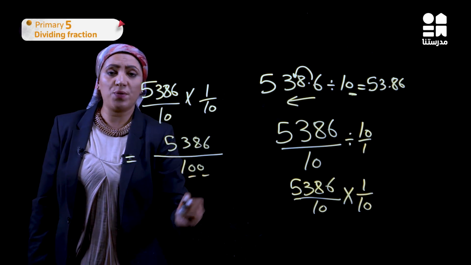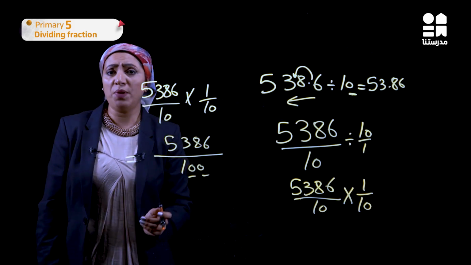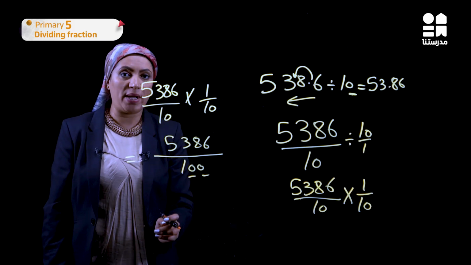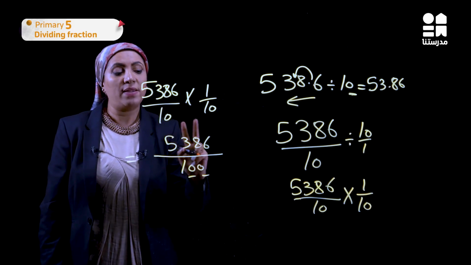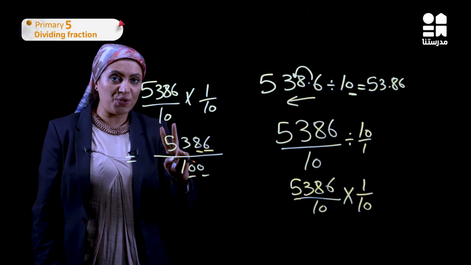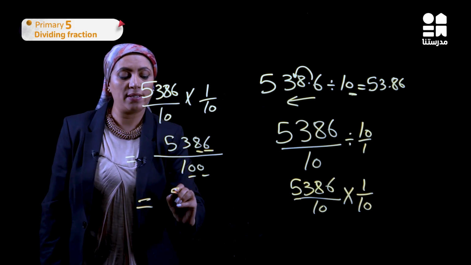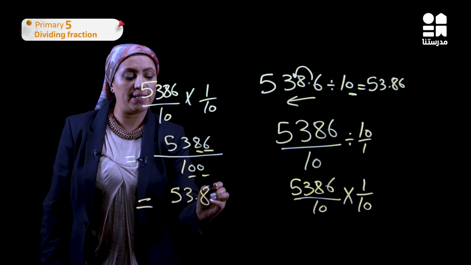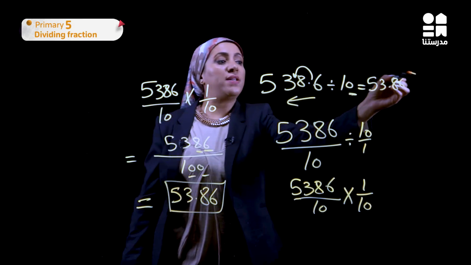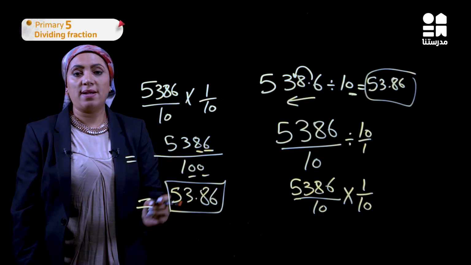According to the number of zeros I have here, I can put a decimal point in the number on top. How many zeros do I have here? I have 2 zeros. Then I will put the decimal point after 2 places, which is the units, then the tens. Then the answer is 53.86, and this is exactly, as you see, the same answer as this one. And this is how we got this answer.